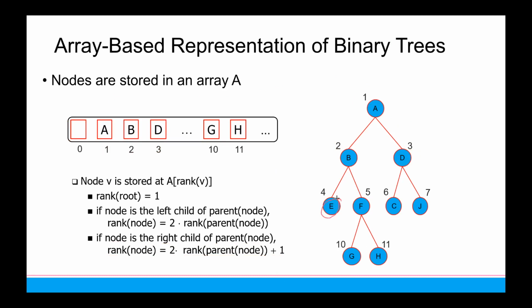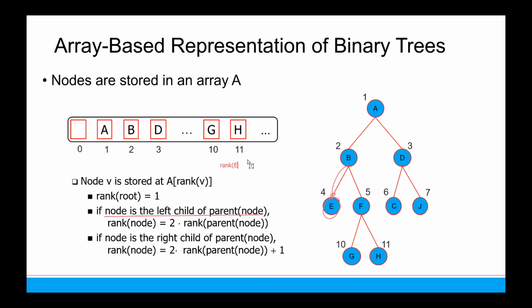Now let's say I have E. We want to know if the node is the left child of the parent node. It is the left child of B. Then the rank of E will be 2 multiplied by the rank of the parent node, which is 2, so the rank of E is 4. What about the rank of F?